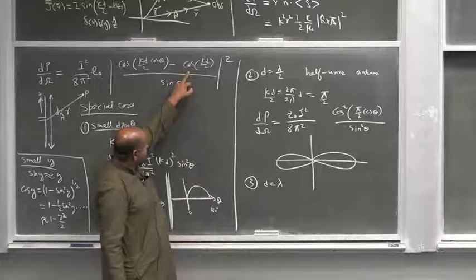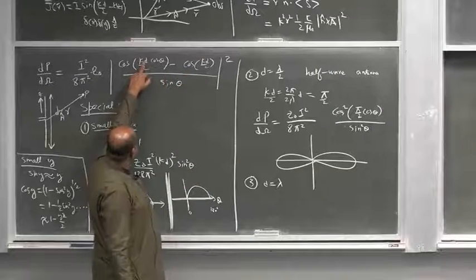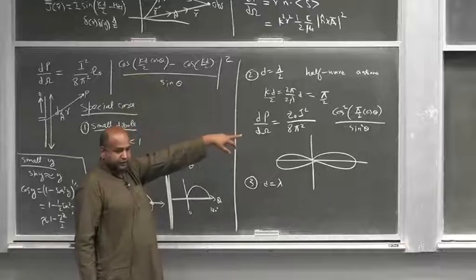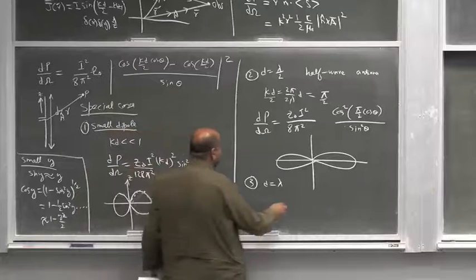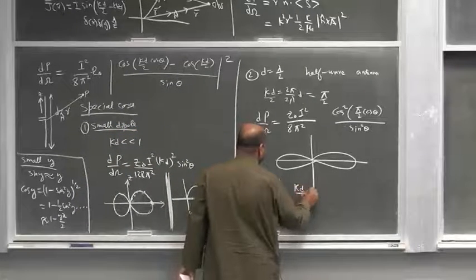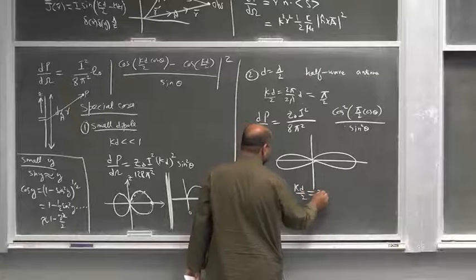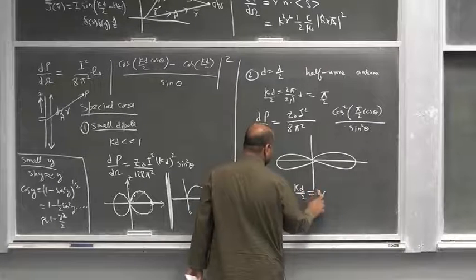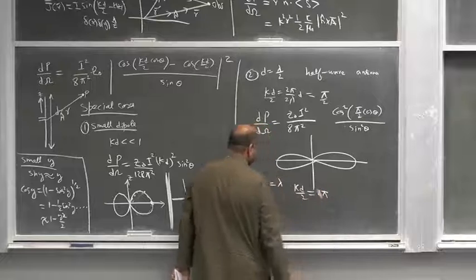This will be 0, and this is pi by 2, so you get right away that when D is lambda, kD by 2 would be pi.